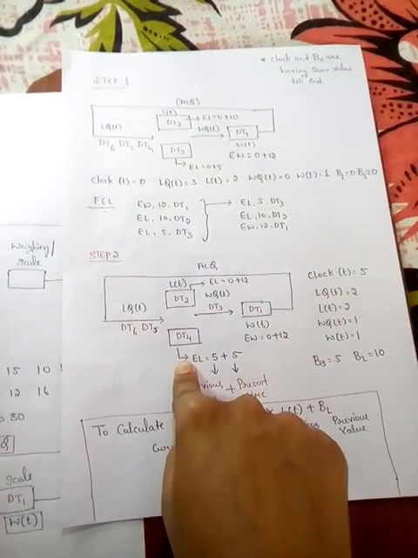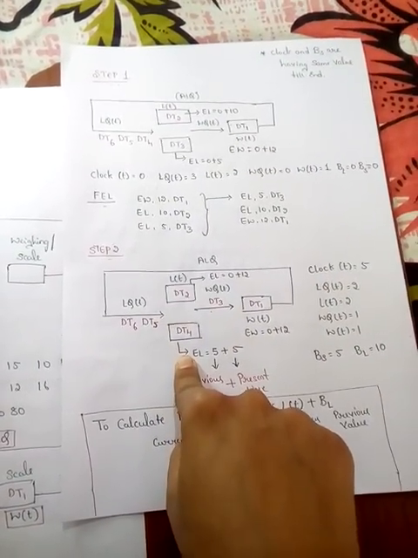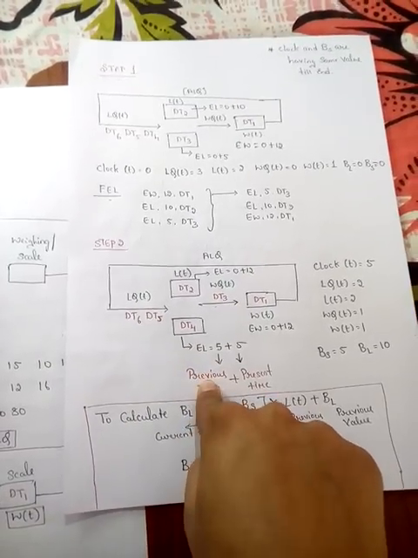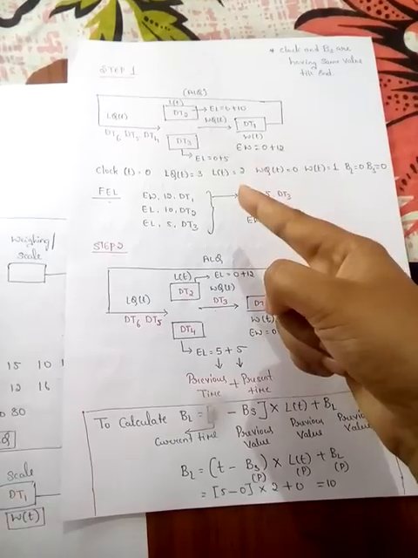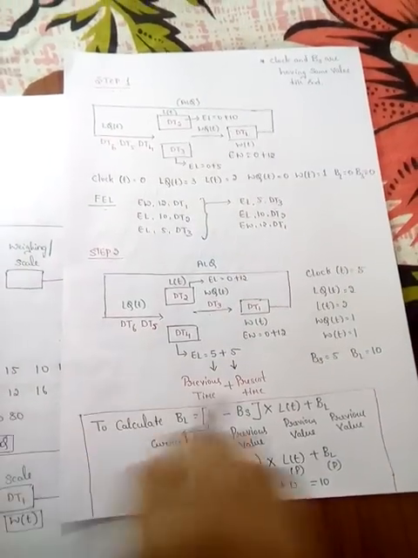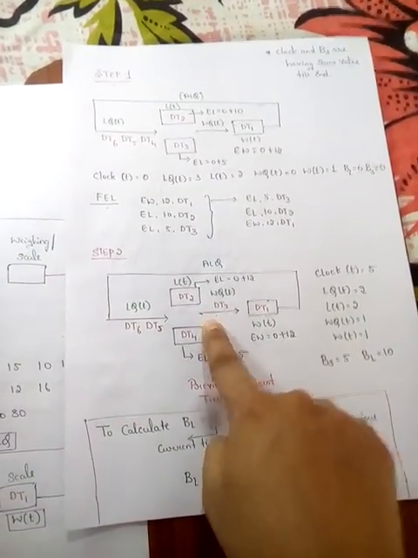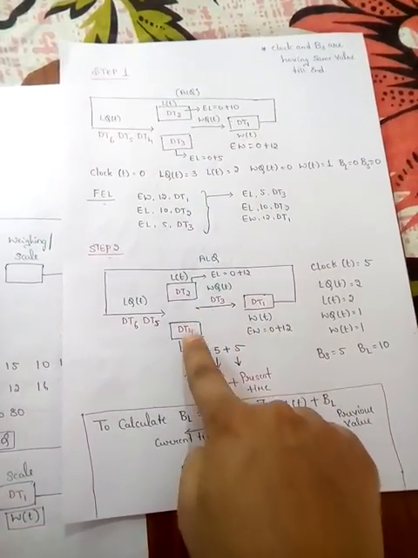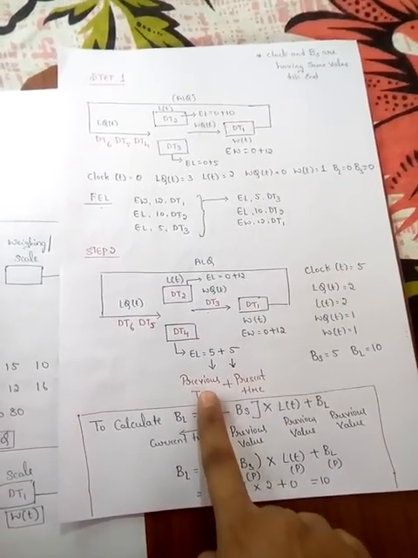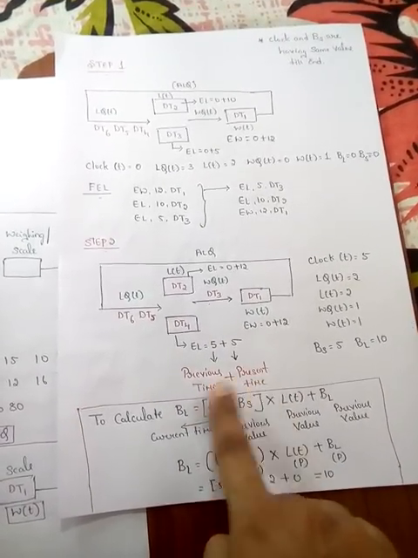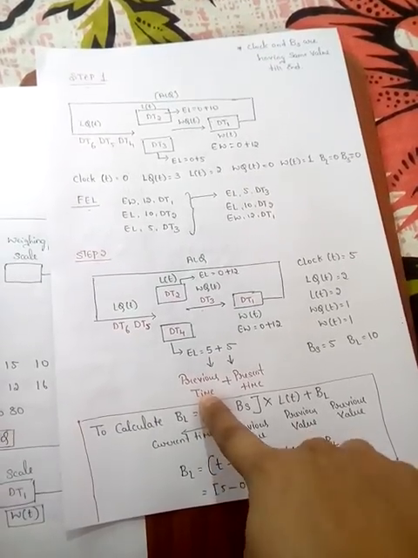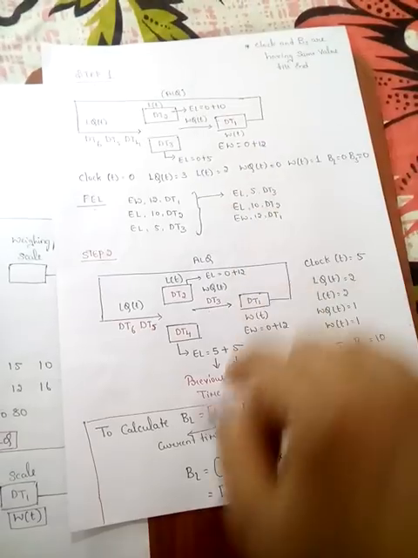Then now I have to calculate my nth loading value. How are we calculating n loading for the second process? In the previous process there was only one value, so we took the first value. Now I have to calculate n loading for my DT4. The formula to calculate my n loading is previous time plus present time. The previous time is nothing but the previous value of my DT3, which was 5.